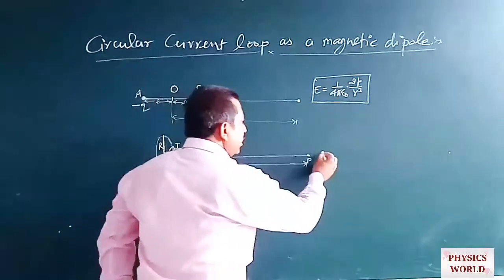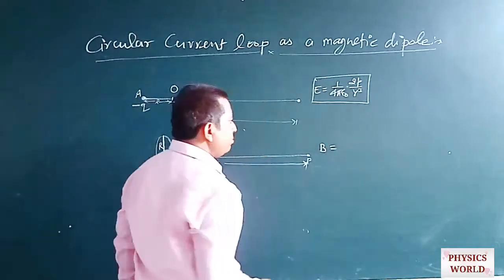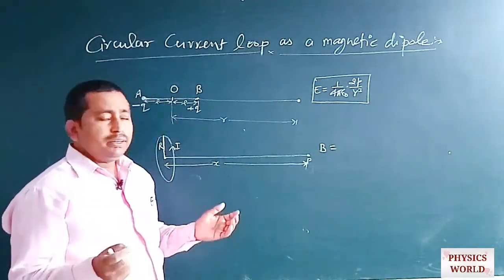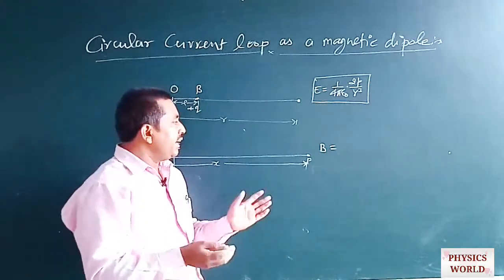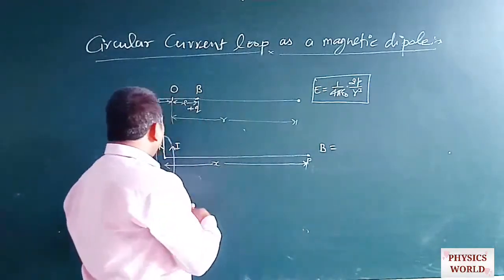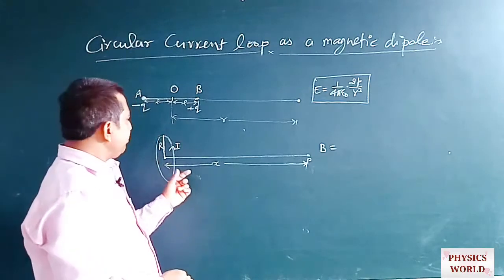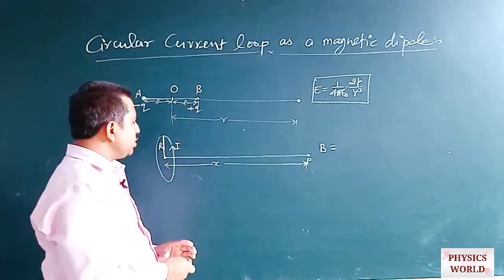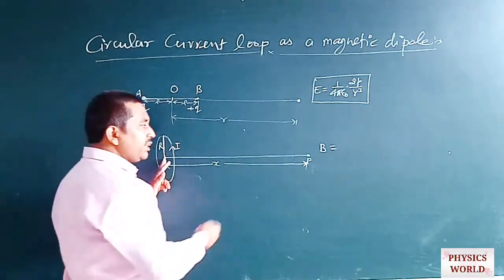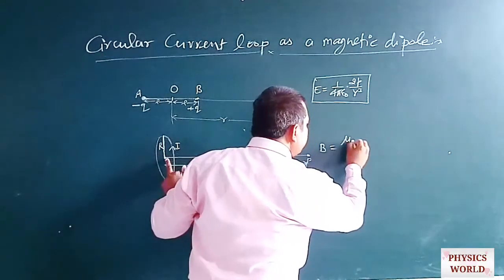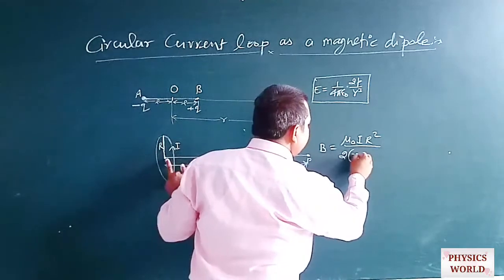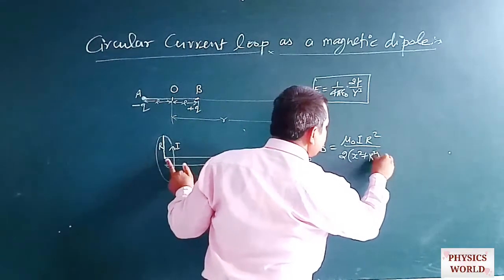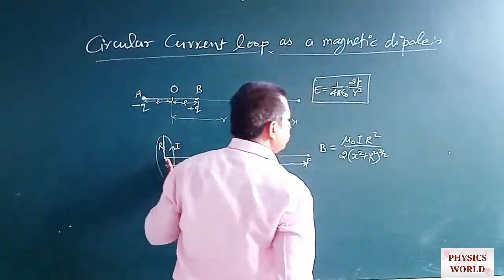This will be obtained with the help of the Biot-Savart law, and we will easily obtain the derivation for the magnitude of the magnetic field at this point and obtain: mu 0 I r square divided by twice of x square plus r square whole power 3 by 2.